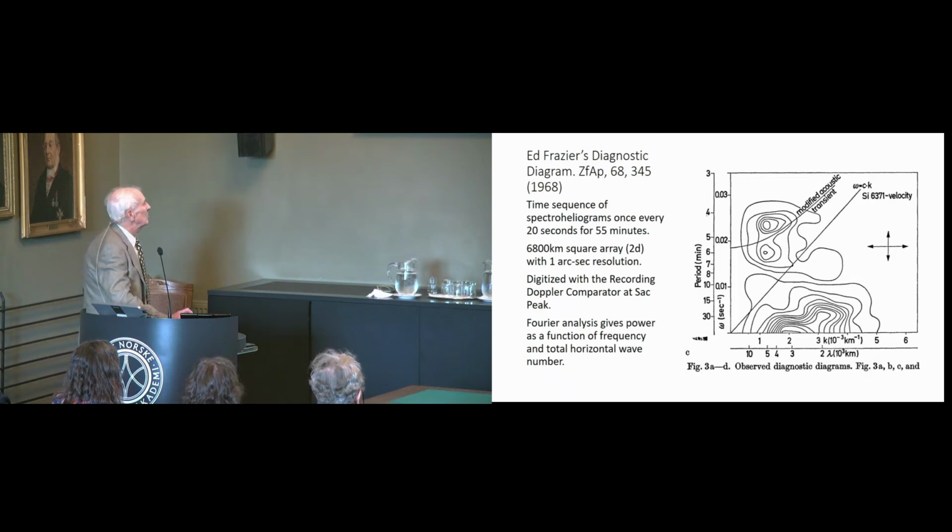And so what I did was to try and find a way of looking in more detail at this diagram, which we call the Diagnostic Diagram, which is a combination of measuring the wavelength of the oscillations and their period or frequency going up and down.